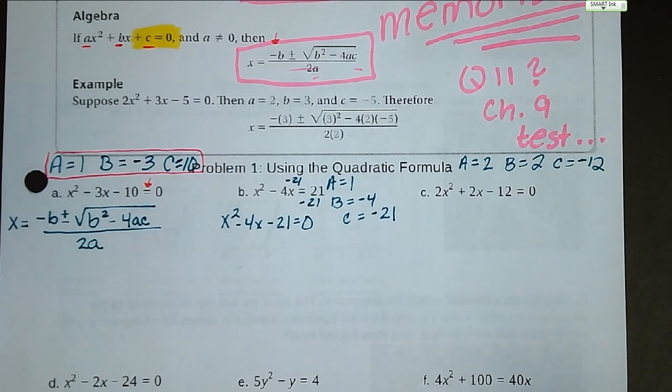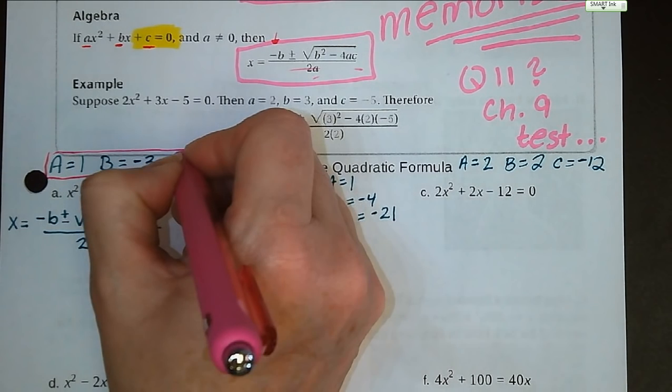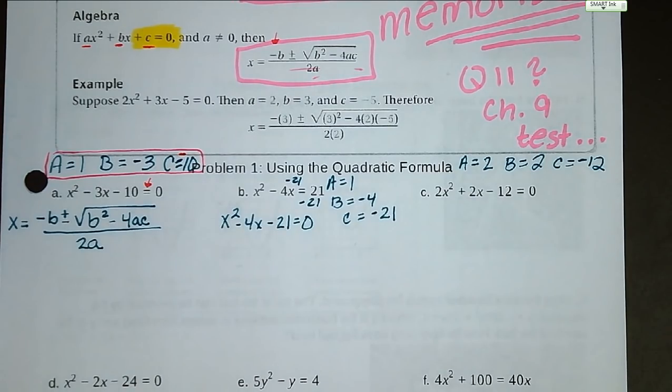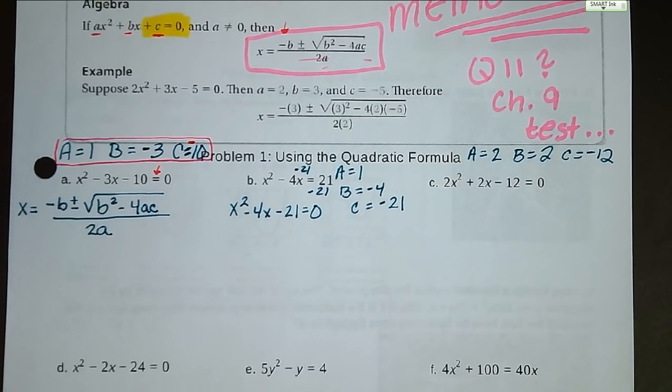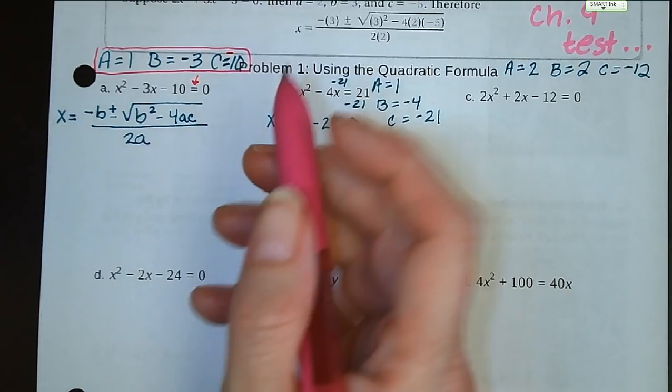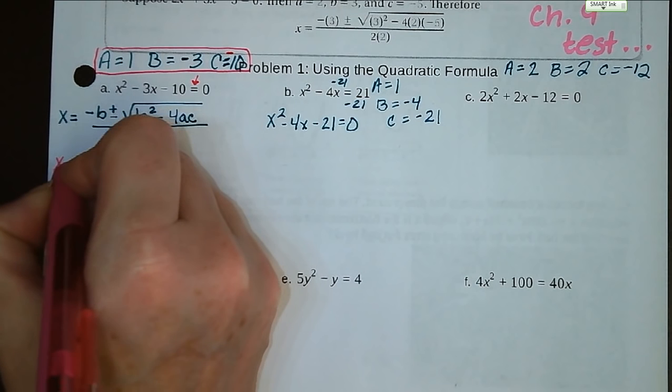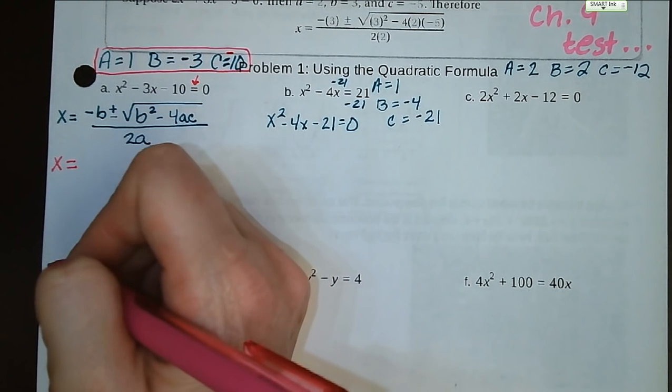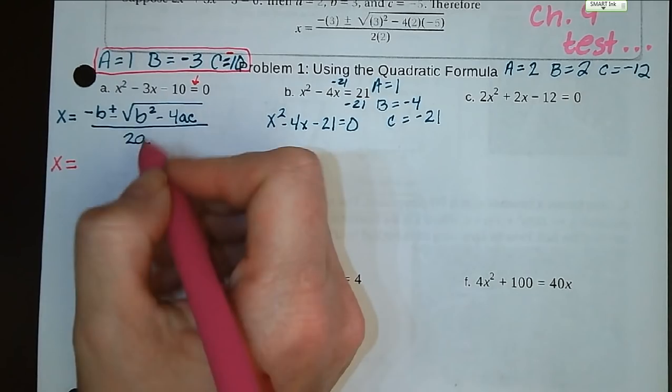It's already set equal to 0, so we don't need to put it in standard form. She wrote the quadratic formula, the opposite of b plus or minus the square root of b squared minus 4ac all over 2a.